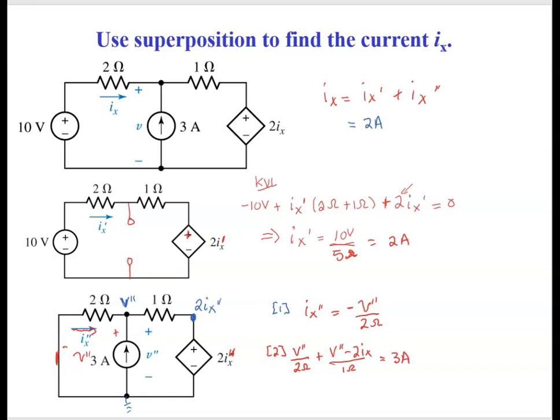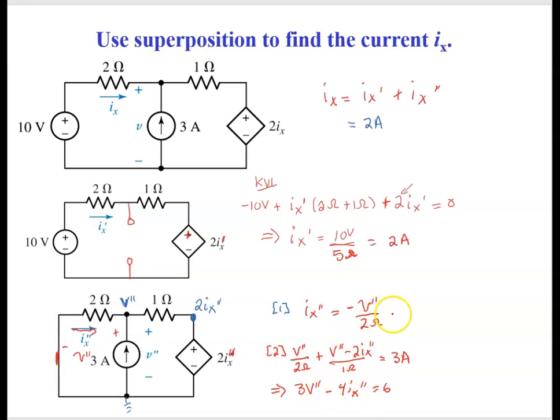So that implies that we'd end up with 3V double prime minus 2 times 2Ix, so minus 4Ix double prime, is equal to 6.